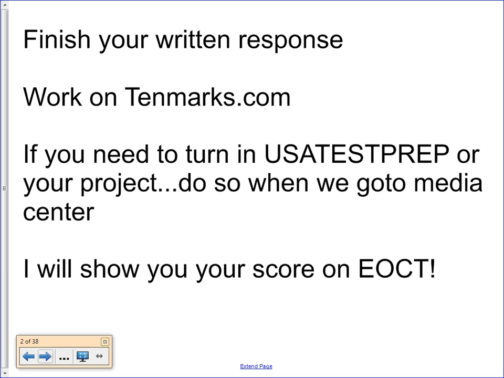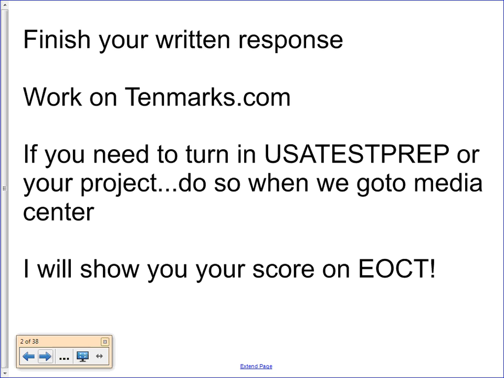I want your name in the file. So type your name on a Word document. Copy and paste that information over and then print it out and hand it to me. Don't email it to me. If you need your score on the EOCT, like I said, I can show you that at a later time.